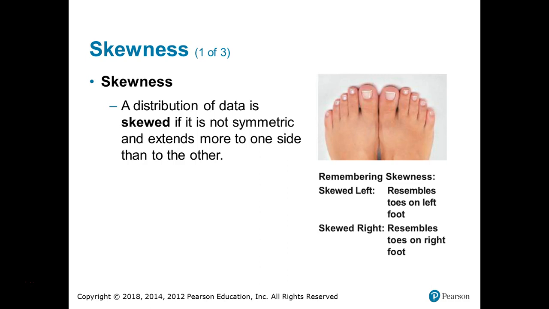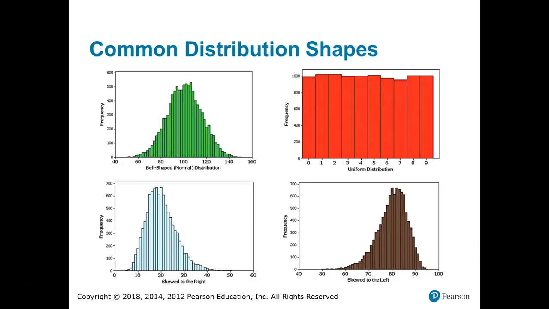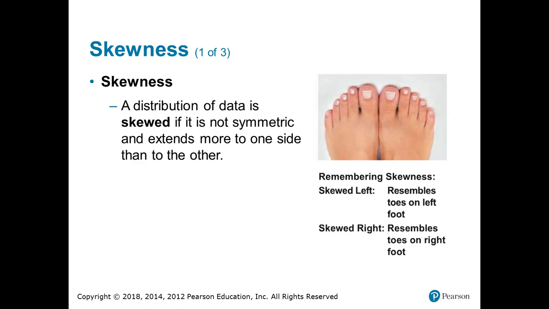Skewness: a distribution of data is skewed if it is not symmetric and extends more to one side than the other. So let's look back quickly. Skewed to the right means that there are more values to the left, and skewed to the left is more values to the right. And an easy way to remember that is thinking about your feet.